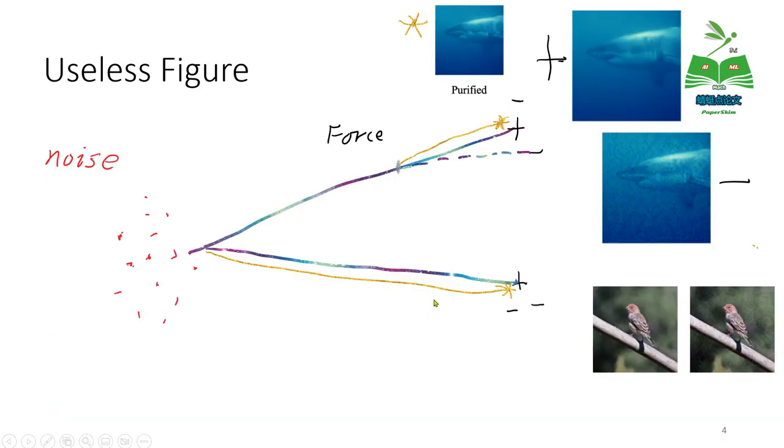Okay. So I drew this figure, but I think it explains a bit, but maybe it's still useless. Okay, so suppose this is the clean image and the minus is the adversarial image.